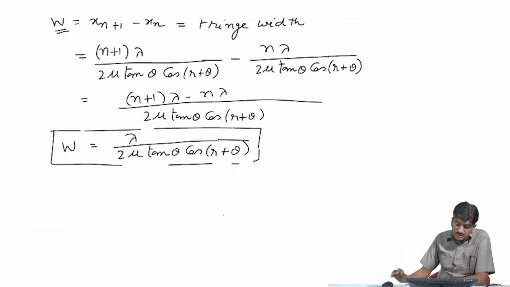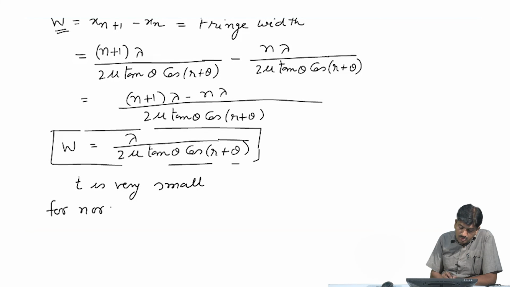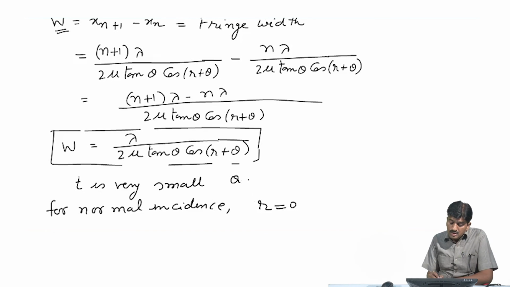As we know that this is a thin film, it means t is very small, and for normal incidence, r becomes equal to 0, and if t is very small, theta becomes small.